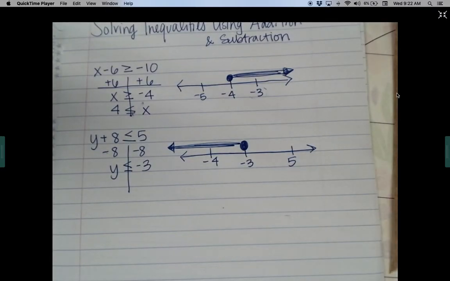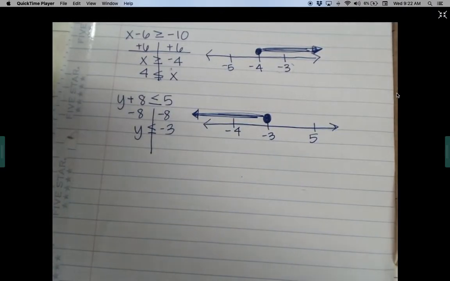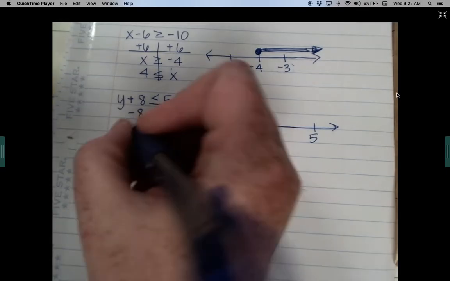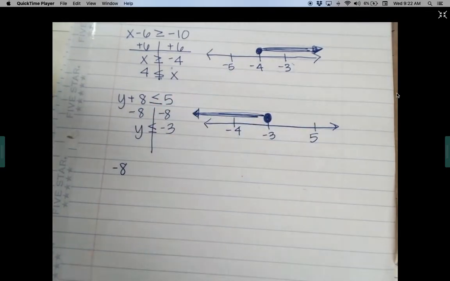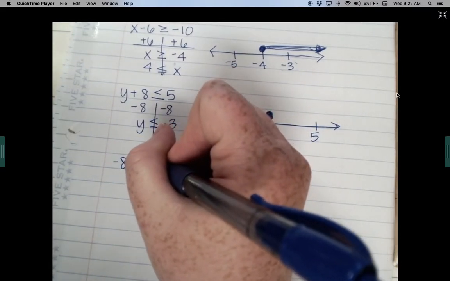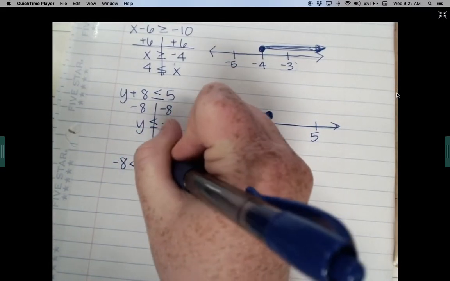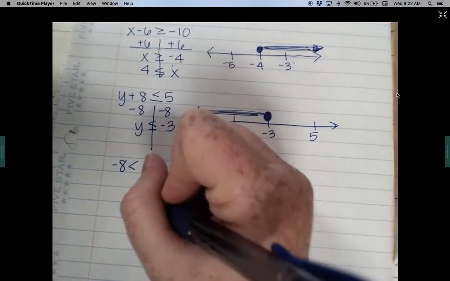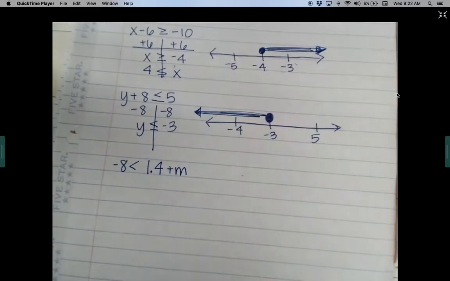All right. Let's do one more, and then I'm going to let you just have some time to work, because I think you have got it. But negative 8 is less than 1 4/10, or 1.4, plus m.